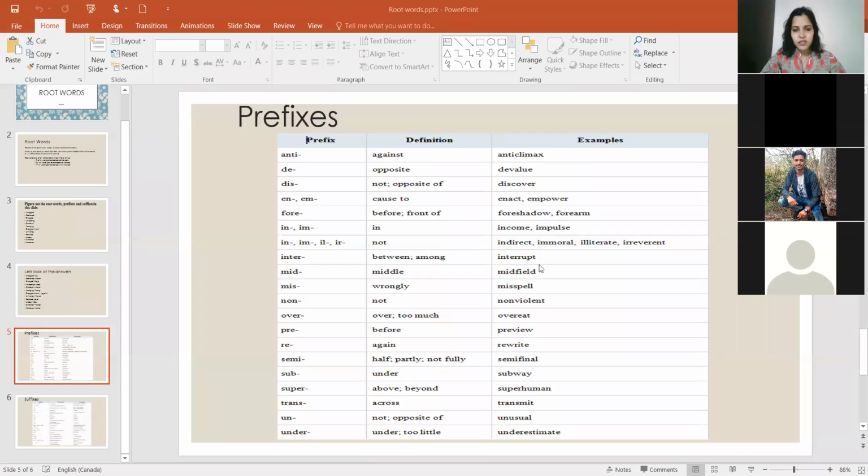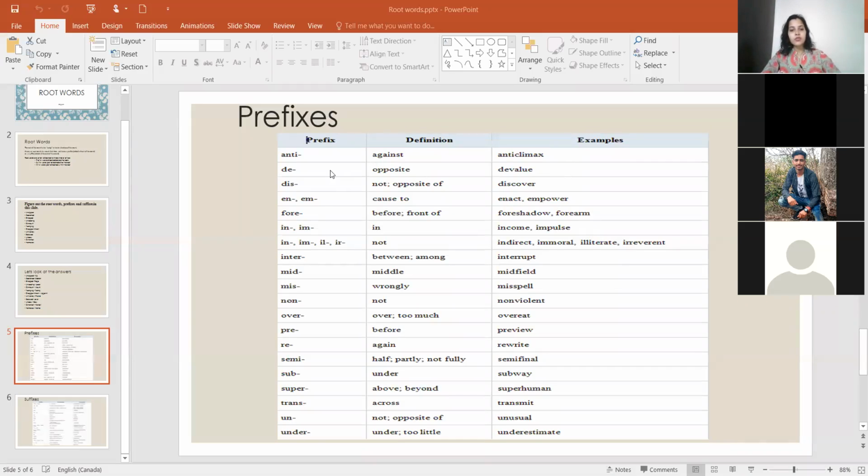Even descent is okay. Descent, I'll have to check about descent. I think it's a complete word in itself. All right, degenerate, yes. Wherever there is a word generate and you add de, it becomes degenerate and the meaning completely changes. So those can be correct examples of words where a prefix has been used and the meaning has been changed.